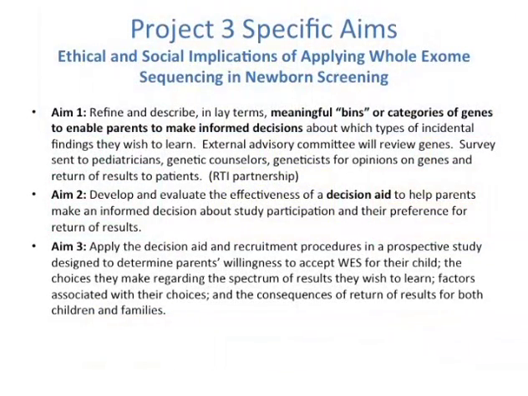The third part of our project is examining the ethical, legal, and social issues of doing next-generation sequencing in children and newborns. I've already talked to you about the binning, or determining categories of genes, but we'll be getting input from parent groups as to how they think about different genes and what information they want to know. We're developing an online decision aid tool that hopefully can be utilized by others in the future to help parents think about whole exome sequencing and return of results.